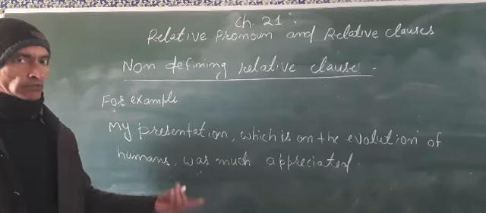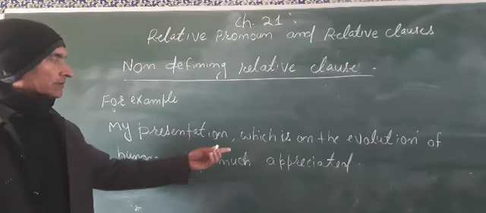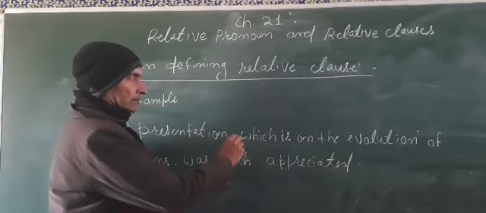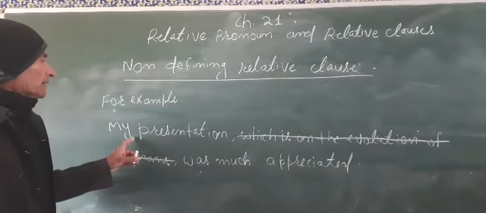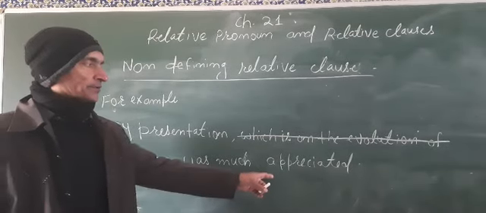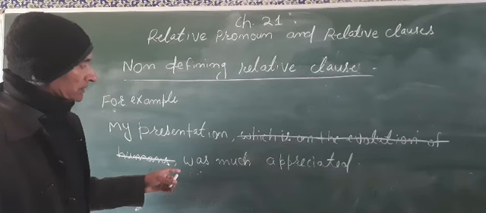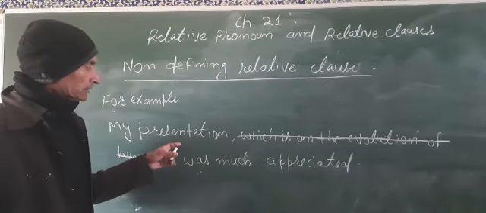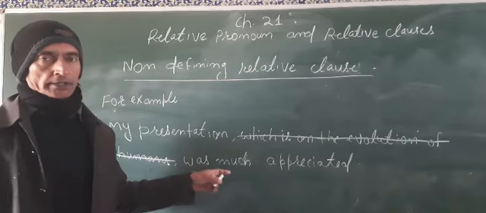If we leave out this clause from the sentence, what we have now is: my presentation was much appreciated. So it is not making any difference. The meaning of the sentence is complete.